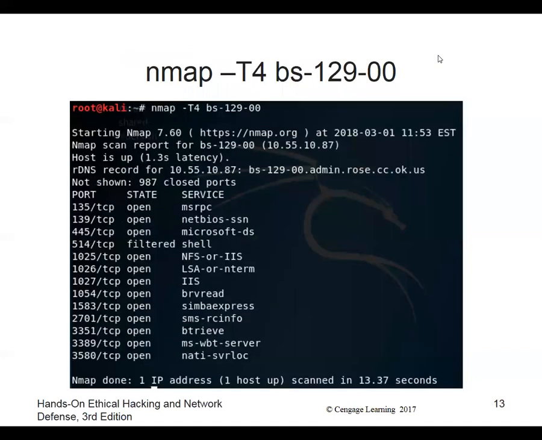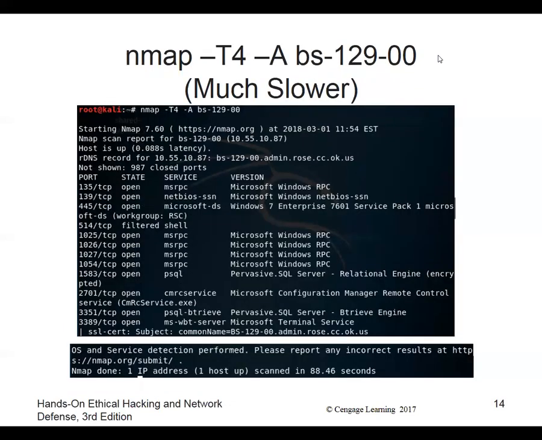You see 135 right here, what's it tell me? MSRPC, Microsoft Windows RPC. So it's telling me a lot more about it. It's telling me what's running. So just by running the -A, obviously it's a Windows machine, and looking at port 445, it's probably a Windows 7 Enterprise machine, running Service Pack 1.